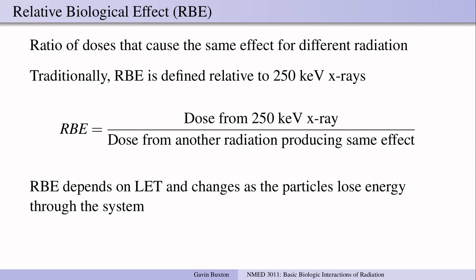If for 250 kiloelectron volt X-rays, we define LD50 as 6 grays, but for neutrons, the LD50 is only 4 grays, then the RBE is the ratio of 6 to 4, or the value of 1.5. Now, RBE is not the same for a given radiation, and depends on dose and the biological effect that's being compared.